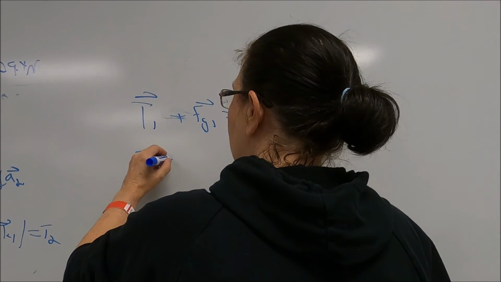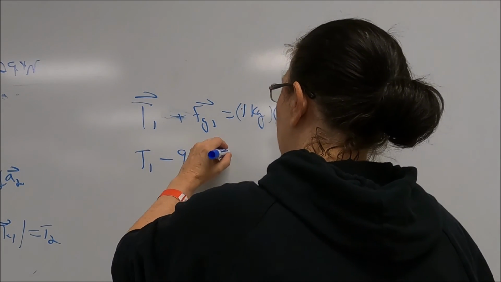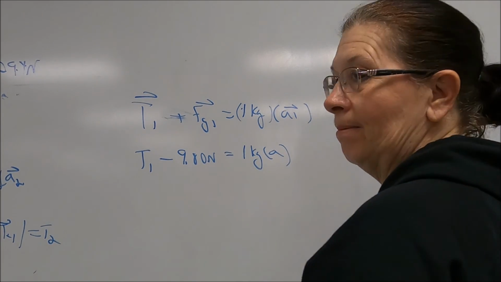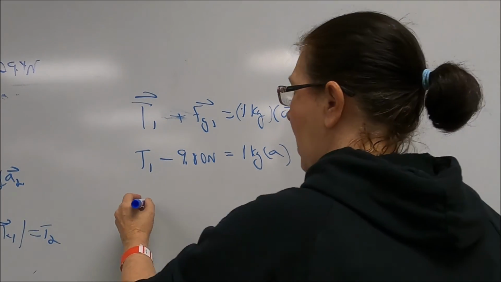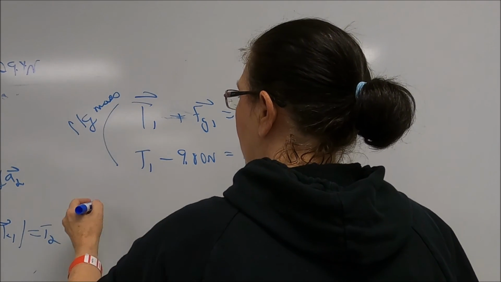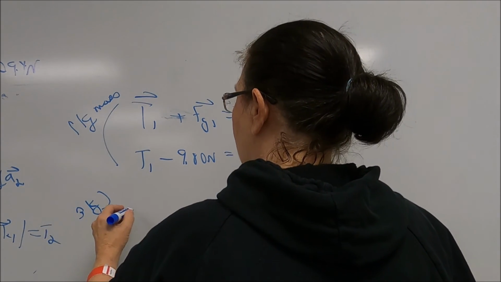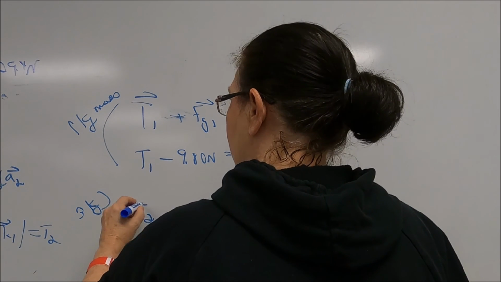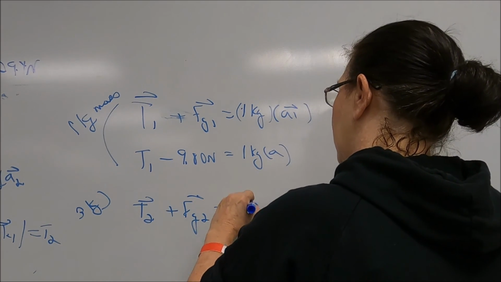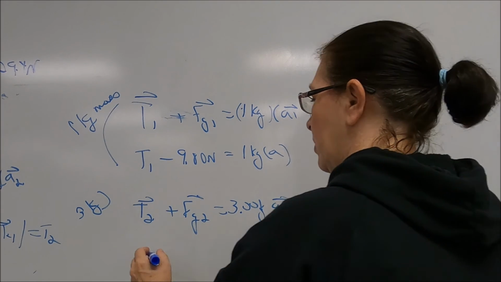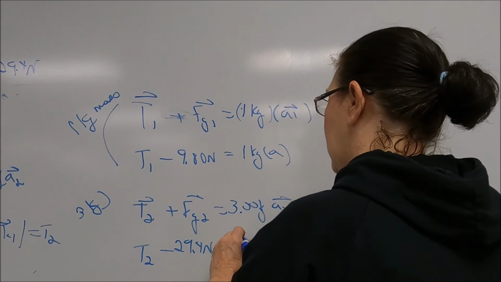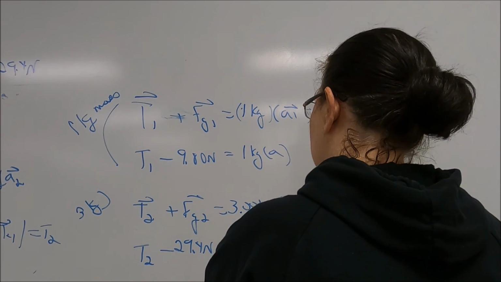So I have T1 minus 9.80 newtons has to equal 1 kilogram times A. For my 3 kilogram mass, I've got T2 plus force due to gravity 2 is 3 kilograms A2. So I have T2 minus 29.4 newtons equals a minus 3 kilograms A.